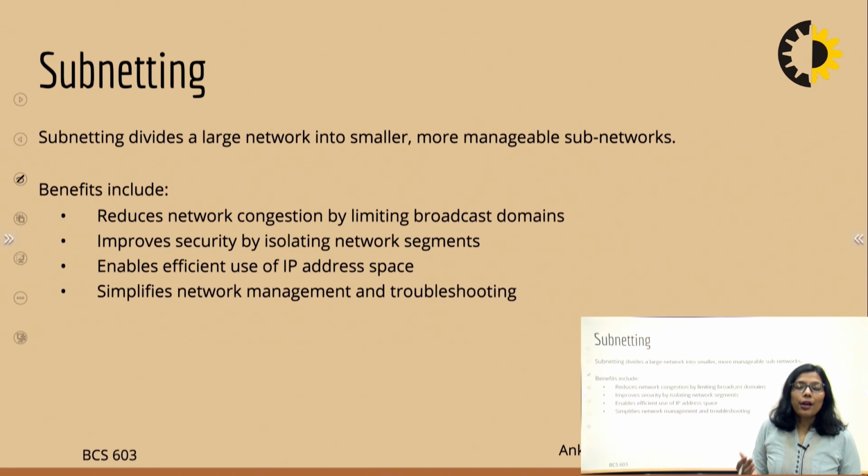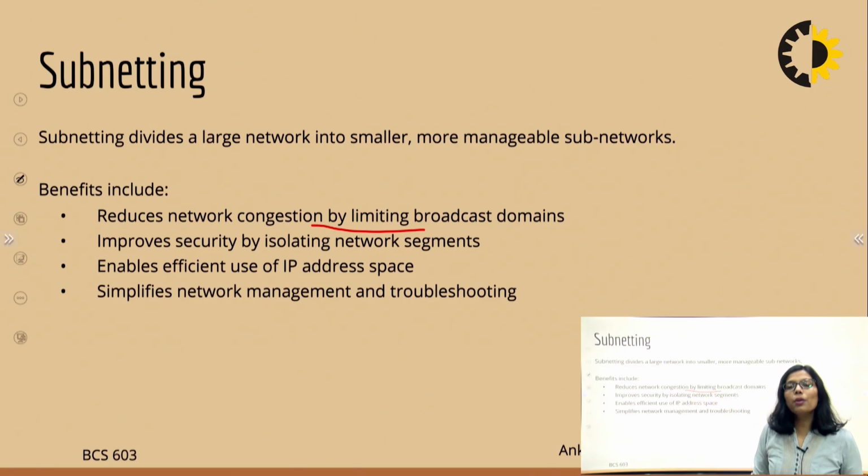Now we are trying to resolve this issue by using subnetting. Subnetting means we have a large network and we divide it into smaller subnetworks. There are many benefits of subnetting, which include that we can reduce network congestion by limiting the broadcast domain.